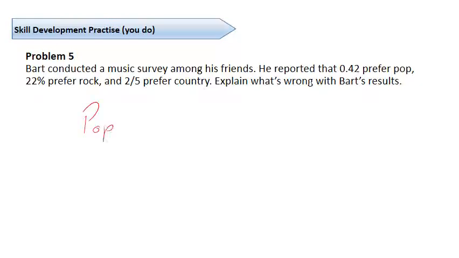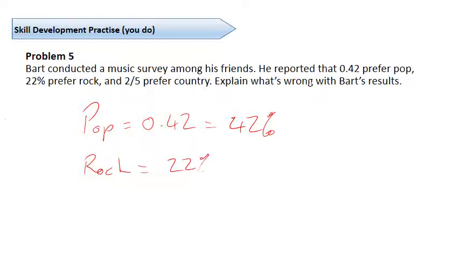So popular music, 0.42, which is 42%. 22% prefer rock, and 2/5 prefer country. Seems alarmingly high. Alright, explain what's wrong with Bart's results.